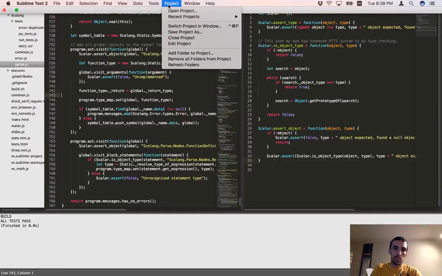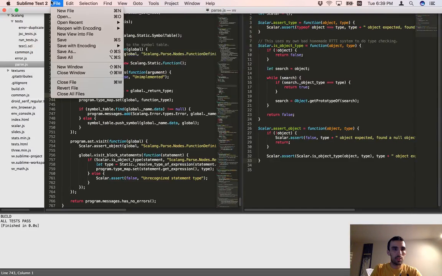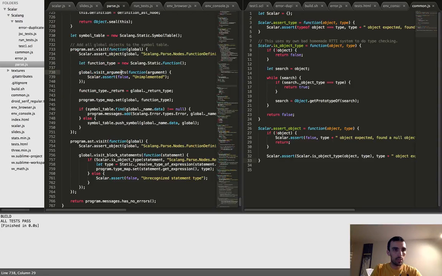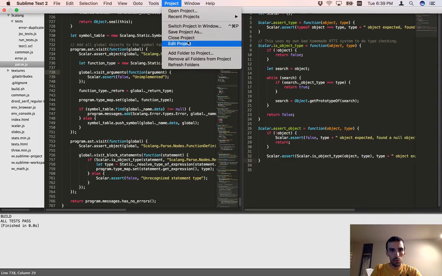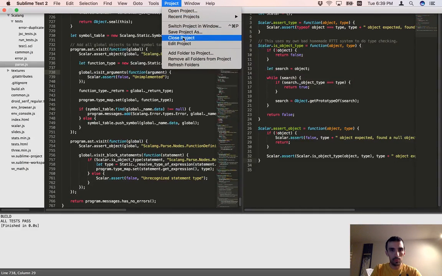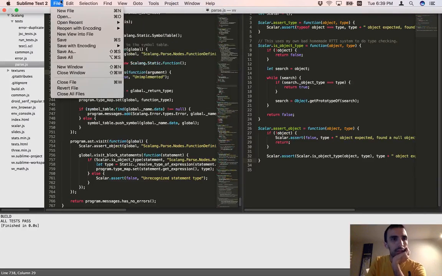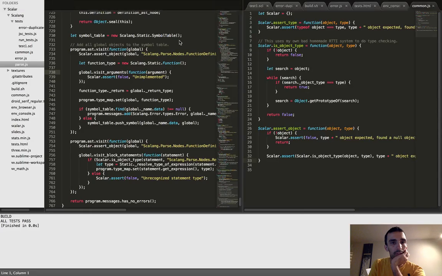So let's see. Let's open a new project here. Let's just close this. Is all of this saved? No, let's do this. New project. Come on, Sublime. I don't know how to use Sublime. Okay, we'll just close this project.